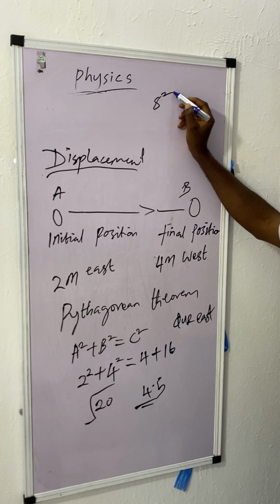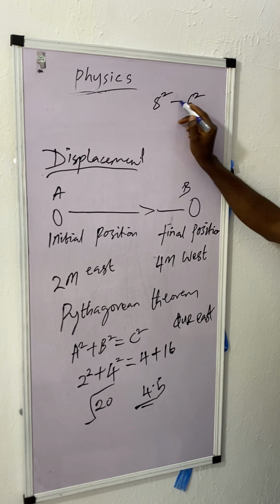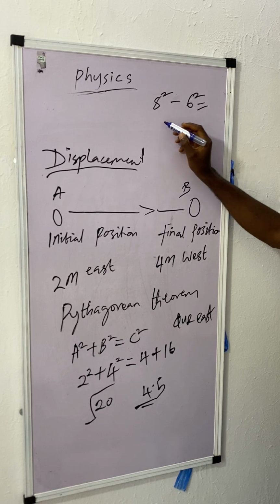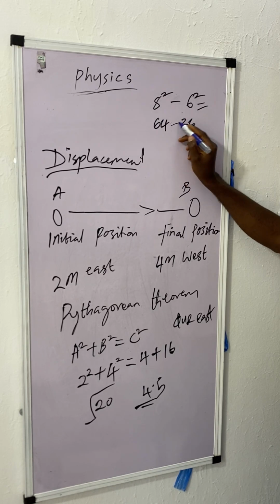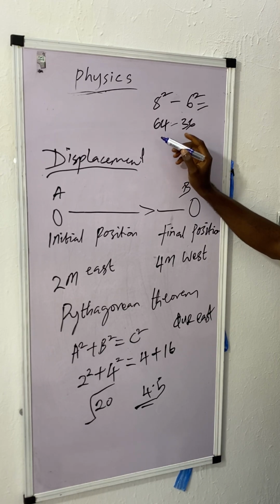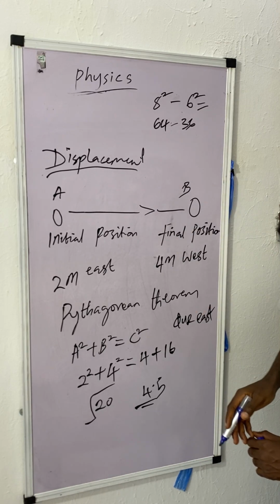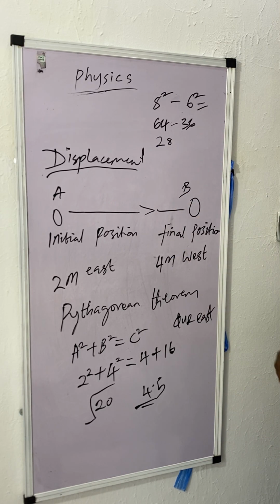Okay, so let's say 8 squared plus 6 squared, minus 6 squared. This should be equal to 64 plus 36, minus 36. That should give us 28, right?